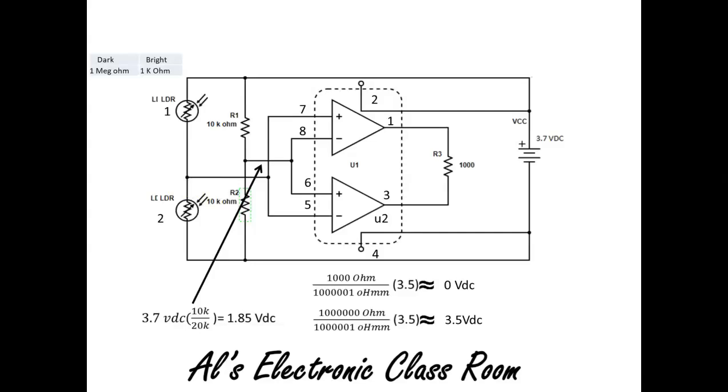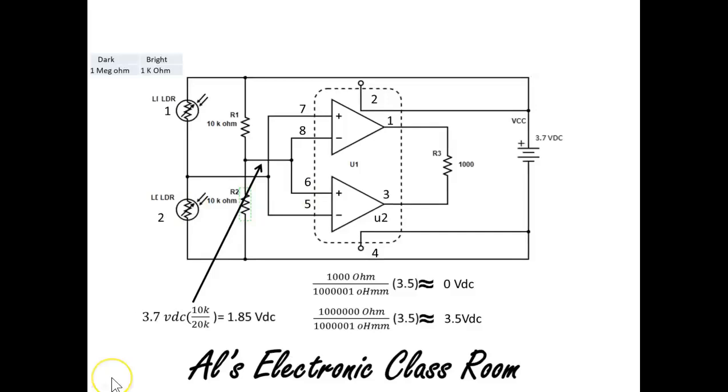Now, I can only have two states: when this is bright and this is dark, or when this is dark and this is bright. Just two states. What happens? Our LDR has a dark resistance of 1 megohm and a bright resistance of 1 kilohm.